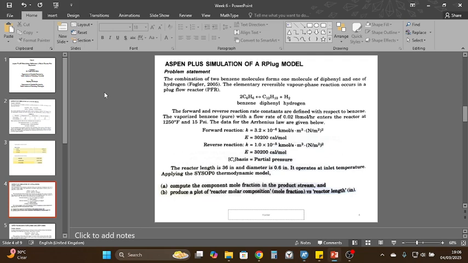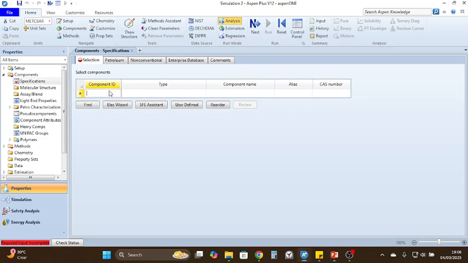Meanwhile, okay, let me do this simulation. So over here, you can see that there are three components that we need to specify: benzene, diphenyl, and hydrogen. So let us first specify benzene.